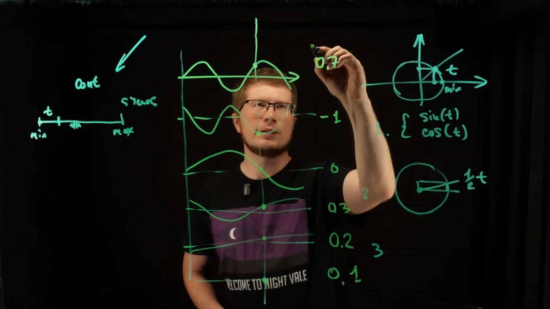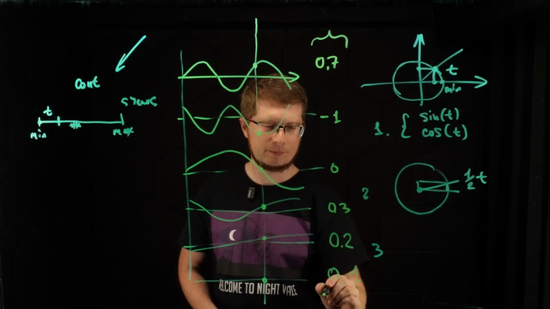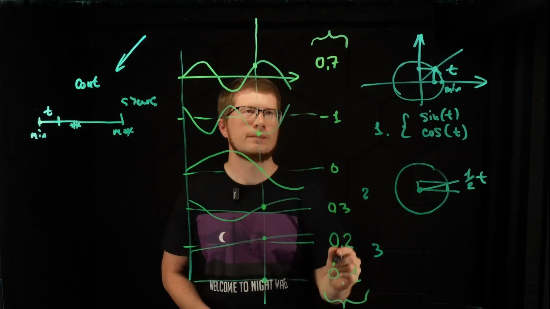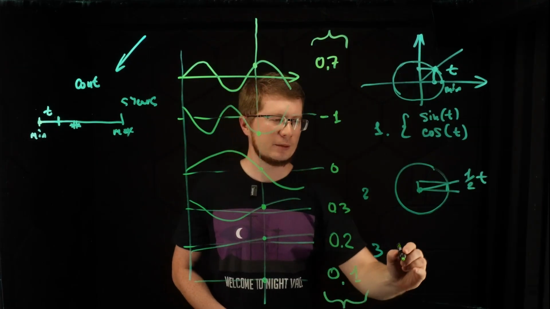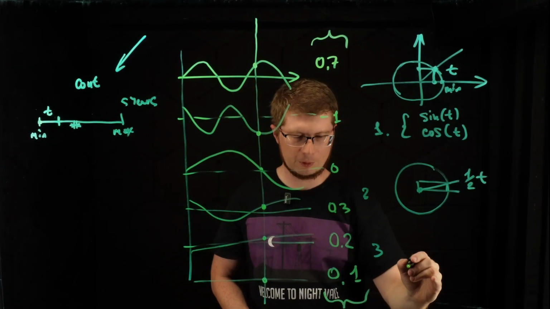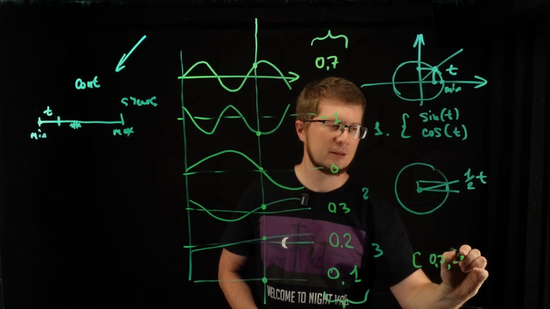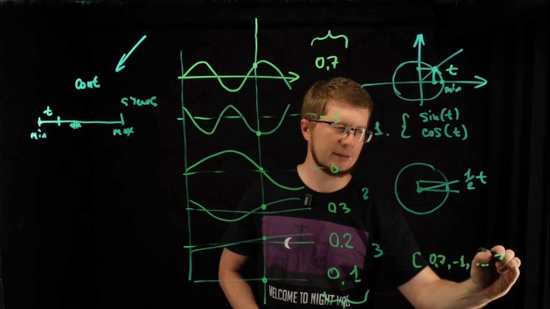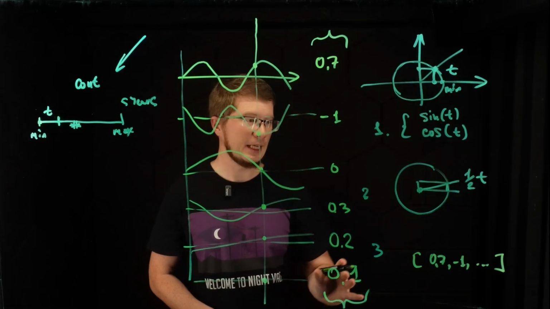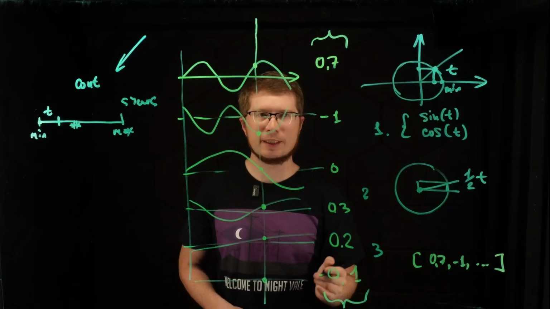And this is our dense vector. So this is our vector. We can write it down in a normal way: 0.7, -1, and so on. Yeah, so this is it, and it's a dense representation.